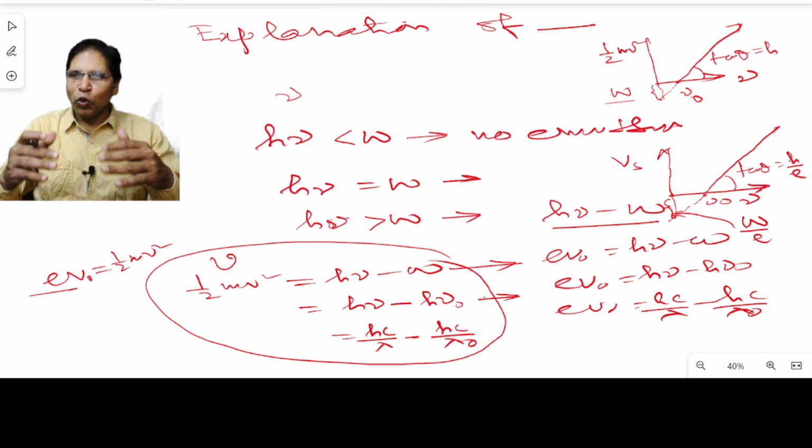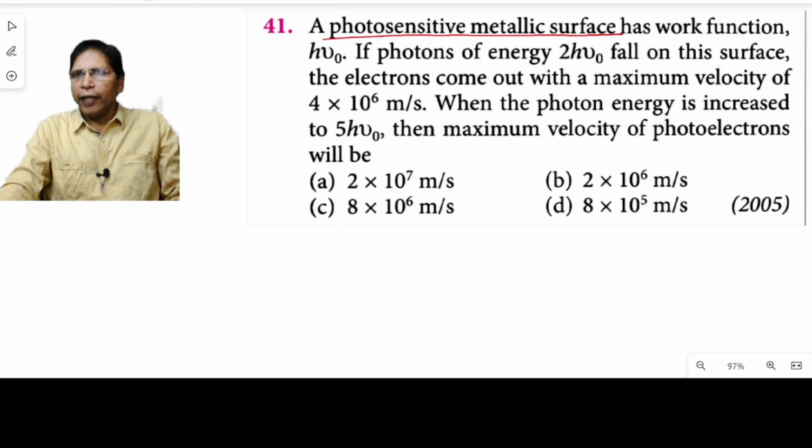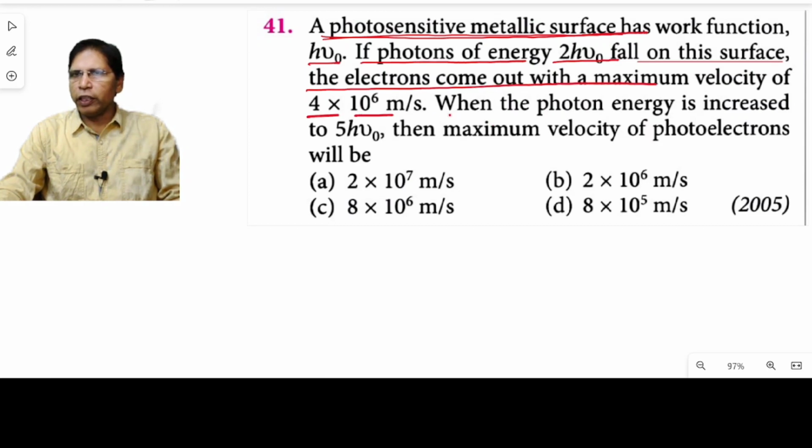Next, now we solve some numericals relating to this. Now, a very important question. Look at this. A photosensitive metallic surface has work function h nu naught. If photons of energy 2 h nu naught fall on the surface, the electrons come out with maximum velocity 4 into 10 to the power 6 meter per second.